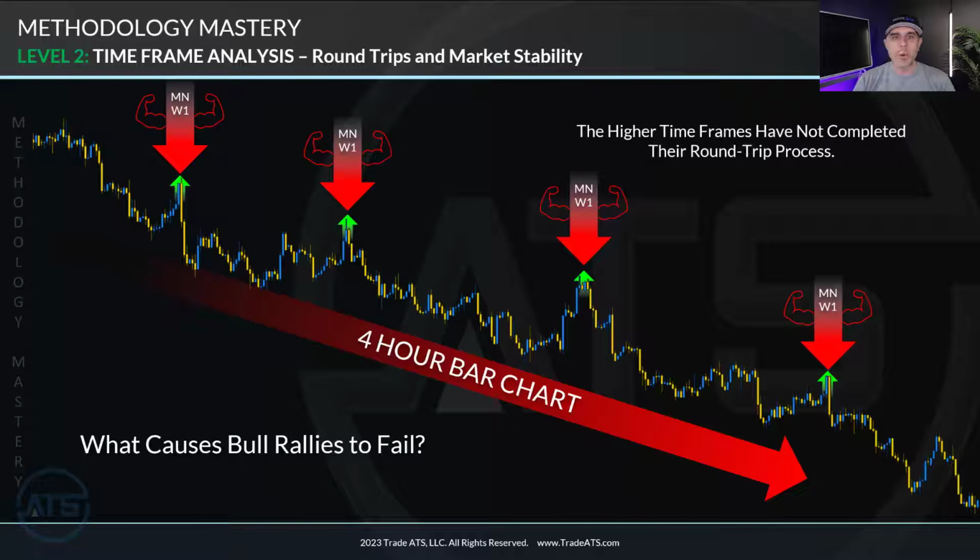process. Those 4-hour rallies on this chart push up because of buy transactions coming into the market. They fail because there's not enough buy transactions to continually turn the trend. Why is there not enough buying transactional volume? Because the additional buying volume that's needed to ultimately turn the trend is locked inside the higher timeframes' round trip process.